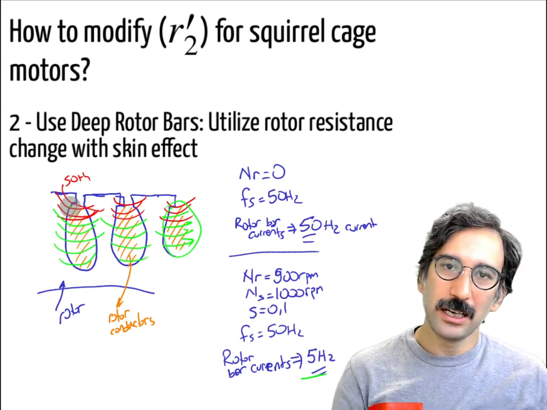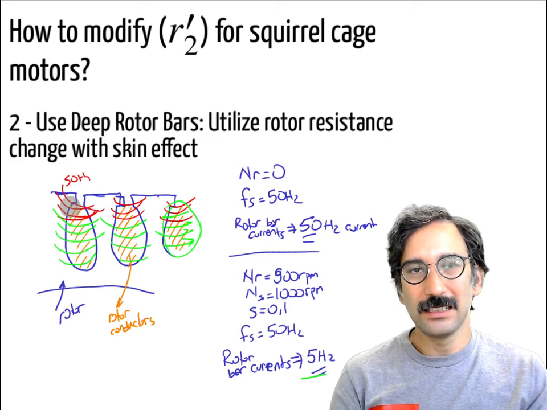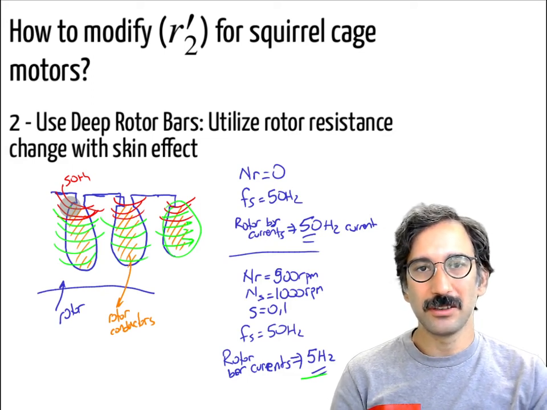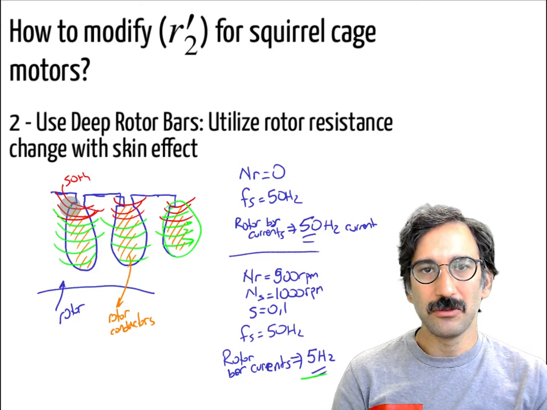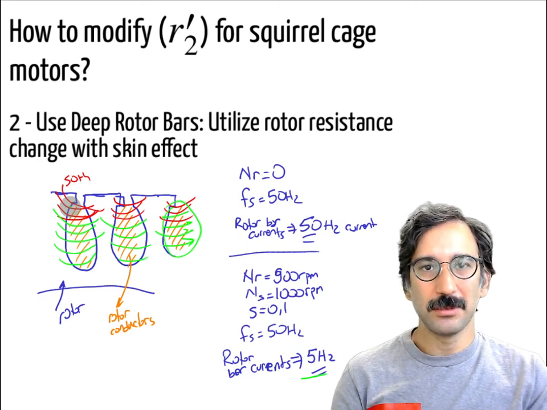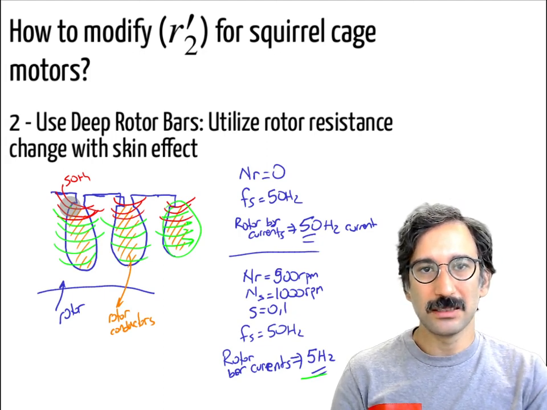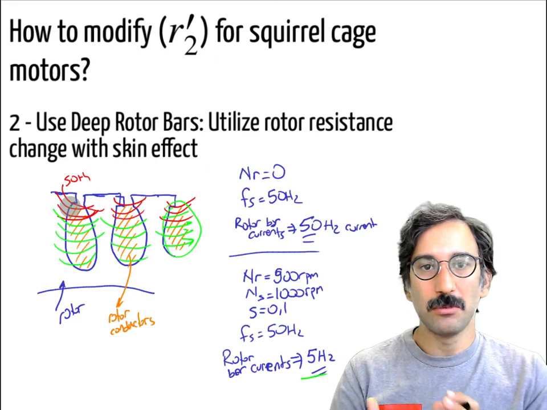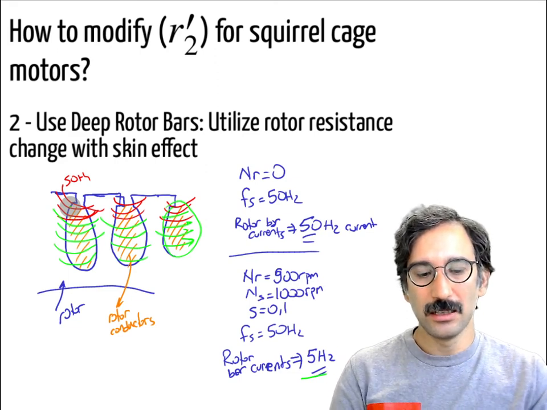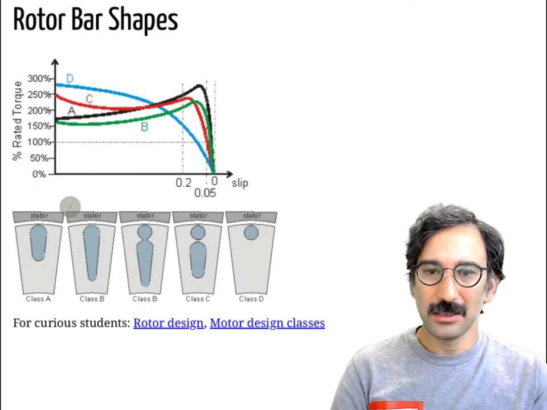We don't have that kind of parameter in our equivalent circuit, but if you analyze it magnetically and design your slot bars properly, you will see R2 prime is not a constant parameter, but a function of the frequency. So R2 prime gets smaller as the rotor bar current's frequency gets lower. Okay, so we can utilize that.